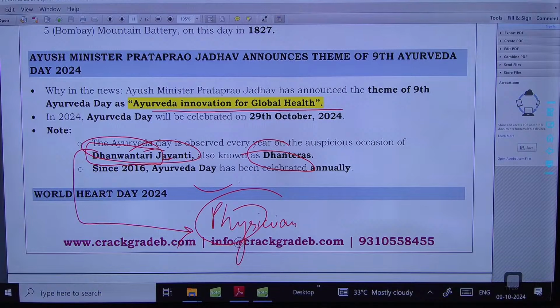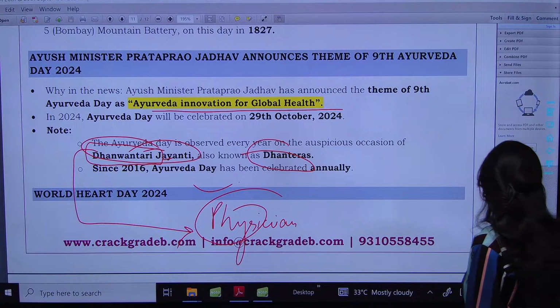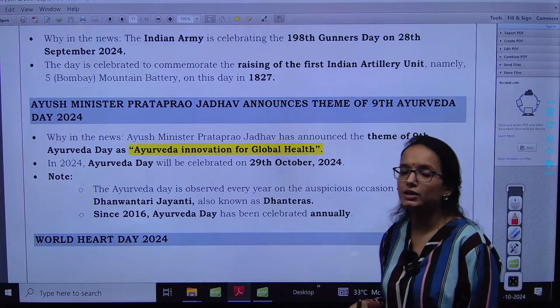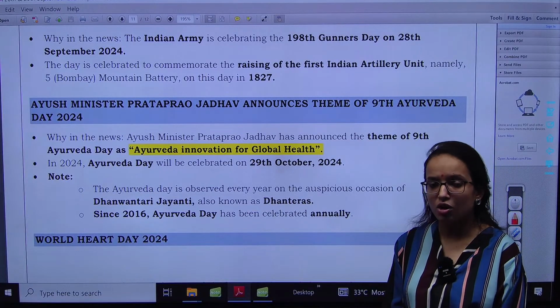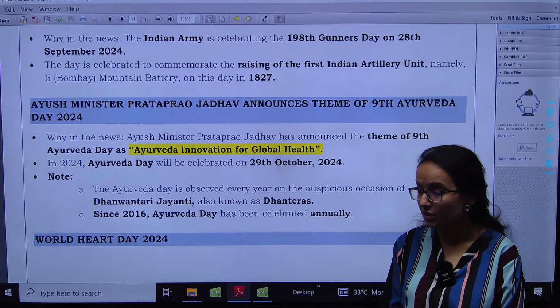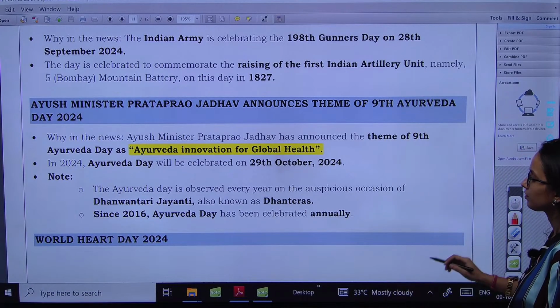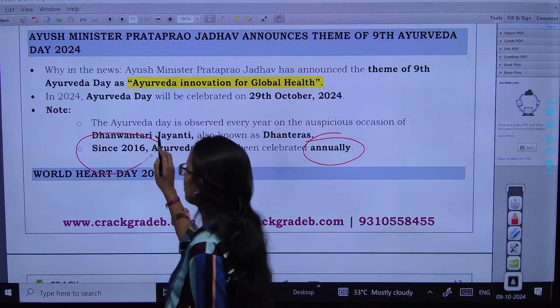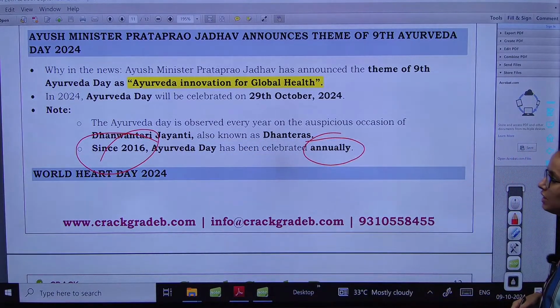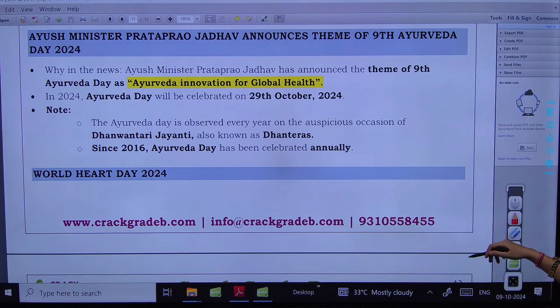In mythology, it is said that in Hinduism, Dhanvantri was the physician of the Devas. That's why it holds mythological and auspicious significance. Since 2016, this Ayurveda Day is being celebrated annually, remember. So this year, Dhanvantri Jayanti will be on 29th October.